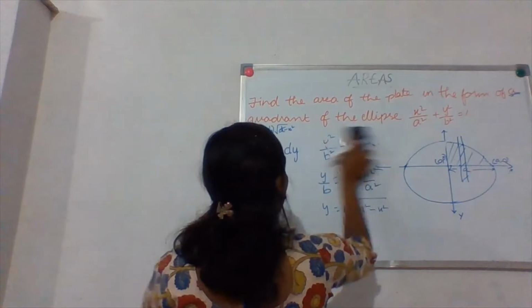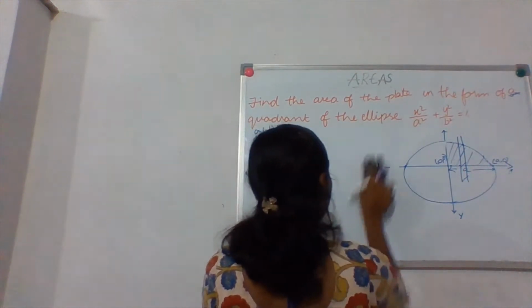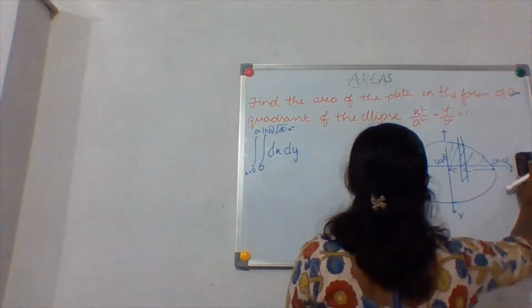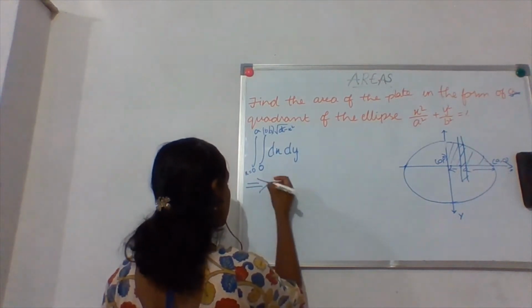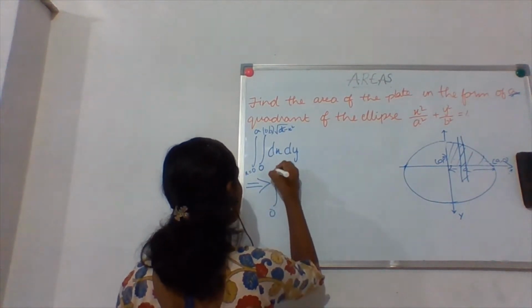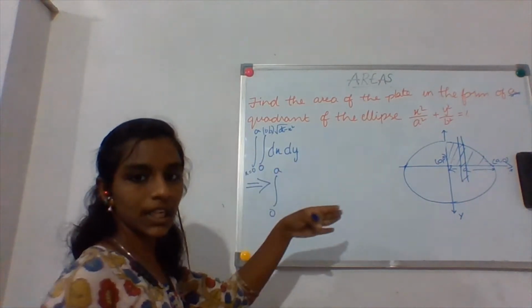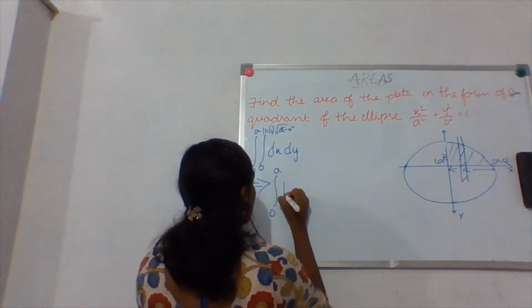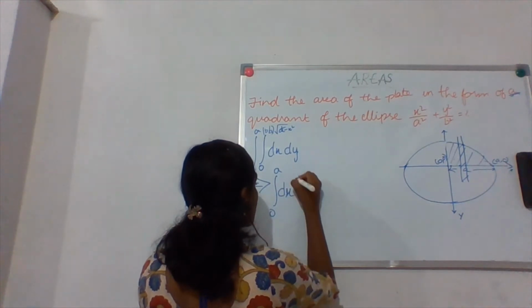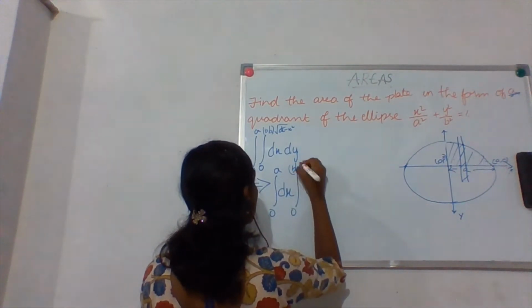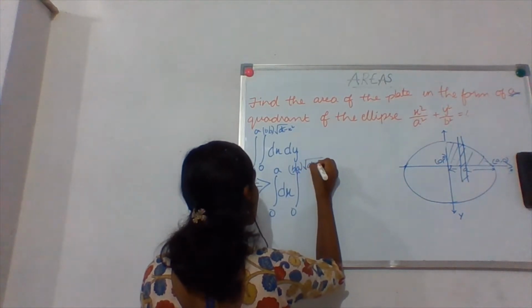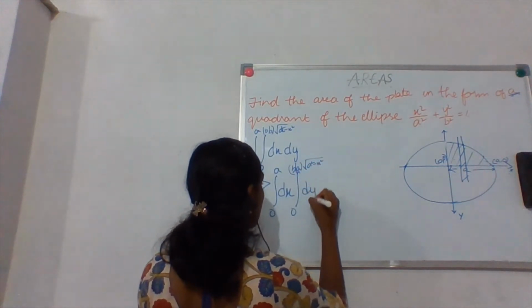Done. So now you have to completely solve the problem as you did before. Okay. So how do you do it? Integral of 0 to a, first we are going to do it with respect to dy. Okay, dx integral of 0 to b by a into root of a square minus x square into dy.